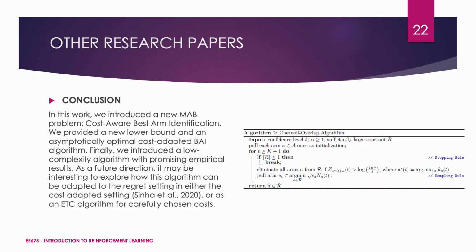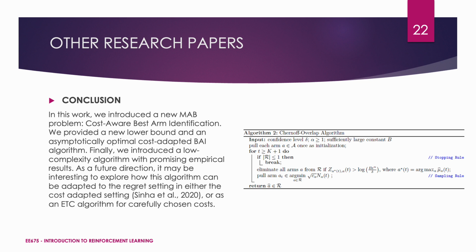In conclusion, the proposed research paper introduces the CABAI problem, highlighting the importance of integrating cost considerations into best arm identification for the multi-armed bandit setup. It provides a new lower bound for CABAI and proposes an asymptotically optimal cost adapted best arm identification algorithm.